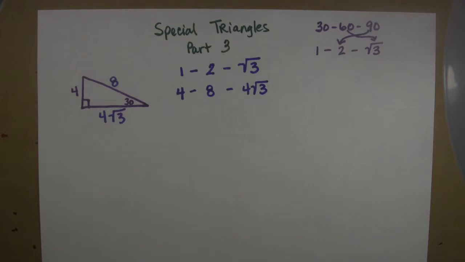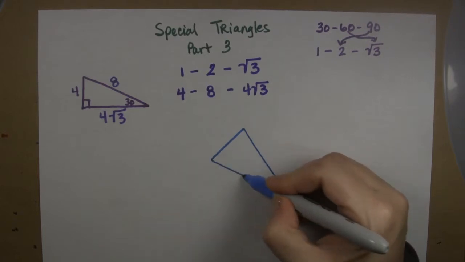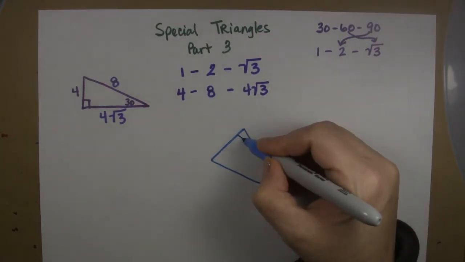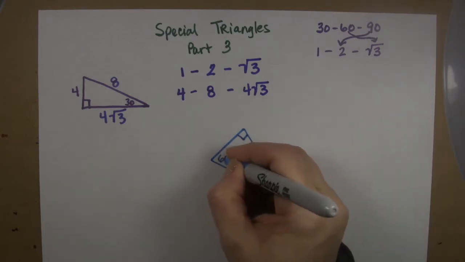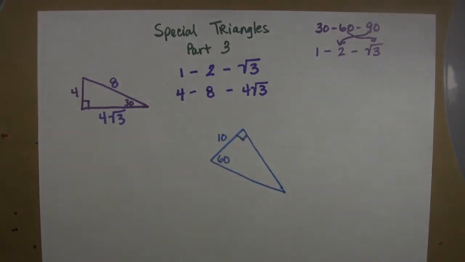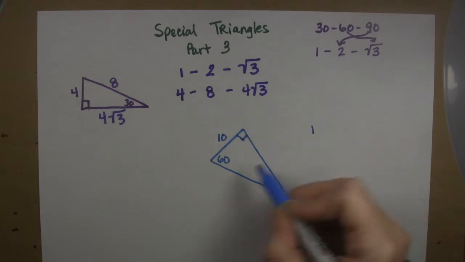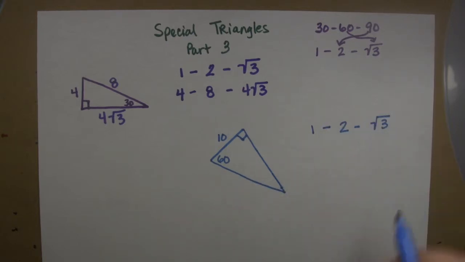All right, let's do another one just so you can get used to how this works before we start making it harder. So here's our right triangle, and I know that this is 60, let's say, and I know that this side is 10. So again, I would say, all right, I know it's a 30, 60, 90 triangle, so I know it's going to be in the ratio of 1 to 2 to radical 3.